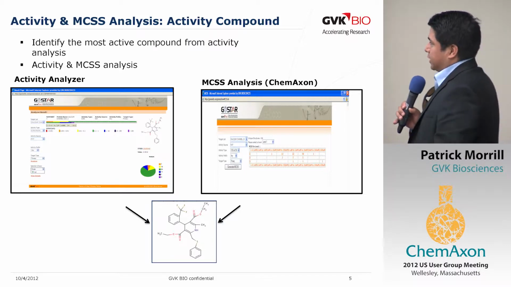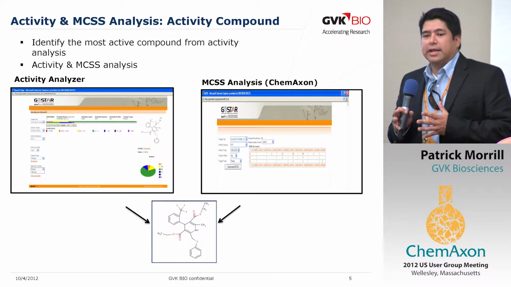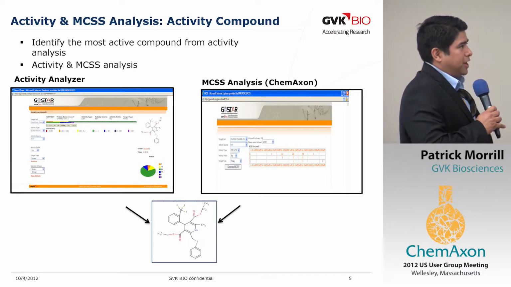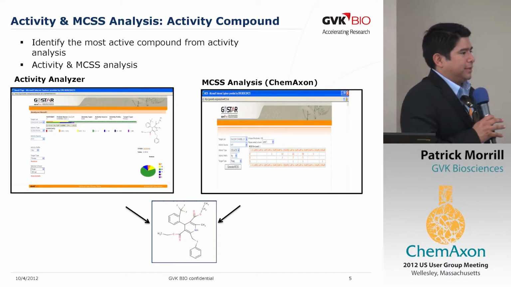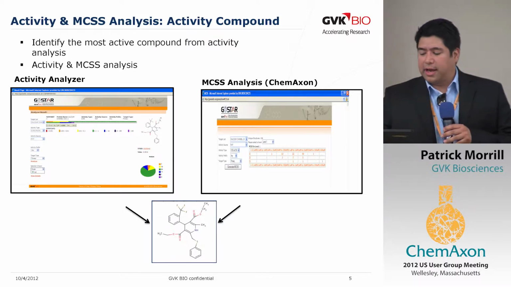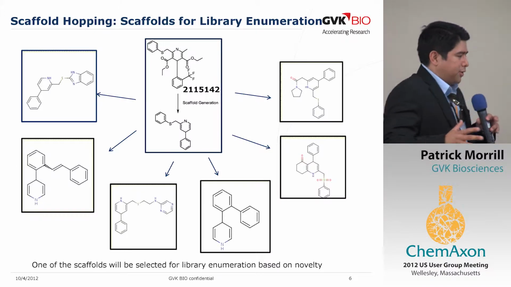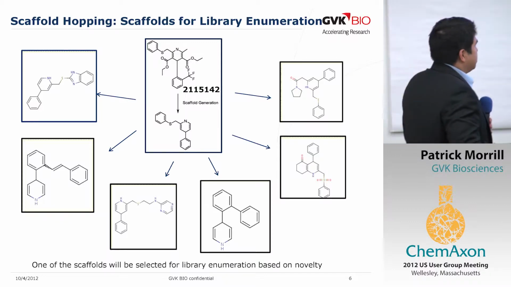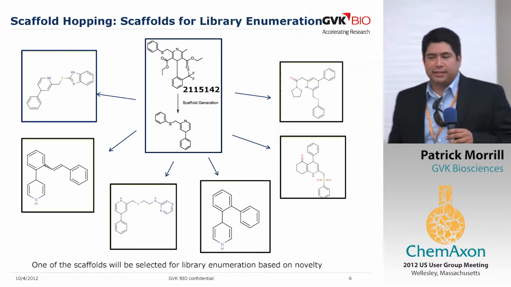Using other tools, such as an MCSS analysis tool that we've incorporated into the database thanks to our partners ChemAxon, I'm filtering to look for the most active result set so that I can do further analysis. My goal is to come up with a unique and novel scaffold that I know has been checked against the patents and the literature.